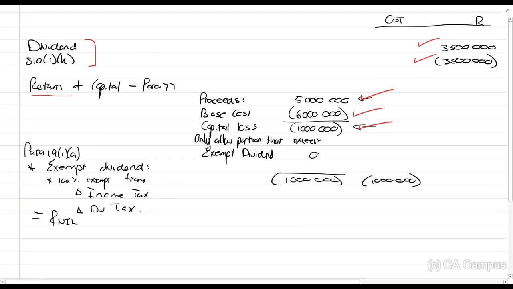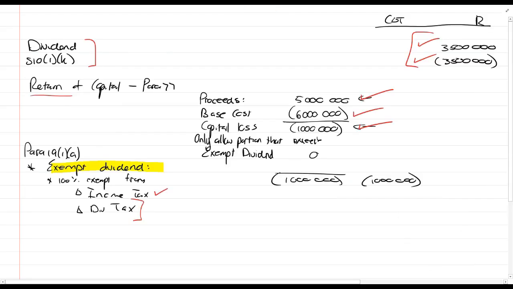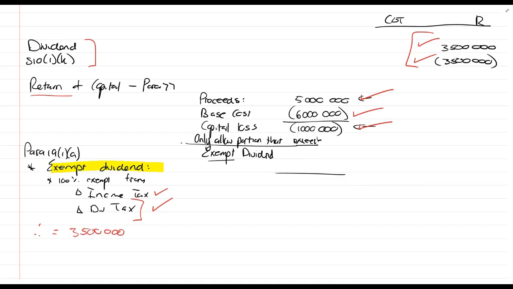However, now let's look at our exempt dividend situation here. Was it 100% exempt from income tax? Yes. Was it 100% exempt from dividends tax? Yes, because it's a company. So our exempt dividend equals 3.5 million rands. Now we say we only allow the portion that exceeds the exempt dividend. And how much is that exempt dividend? 3.5 million rands.